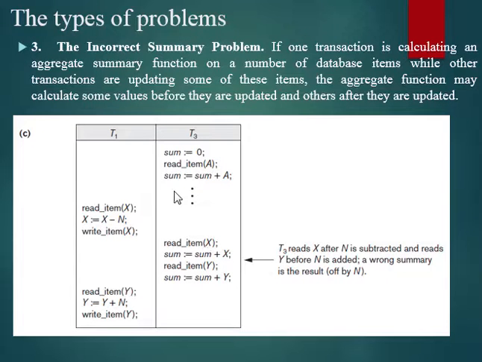So there may be a chance that some of the values already added by T3 are updated by T1, and some values are updated by T1 after. In that case there will be a mismatch in the result of T3 after it is displayed, because individual values are updated by T1, but T3 found the result based on the previous values. So that is the incorrect summary problem.